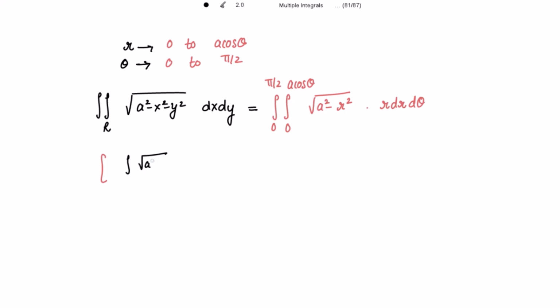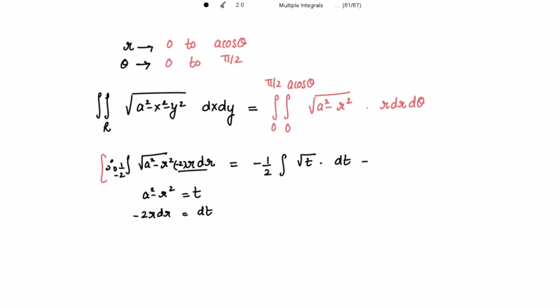Square root of a square minus r square, r dr. To solve this integral, I'm putting a square minus r square equal to t. So I get minus 2r dr equal to dt. I need negative 2r dr, so I'm multiplying and dividing by negative 2. This is minus 1 by 2, and this becomes square root of t into minus 2r dr, which is dt.